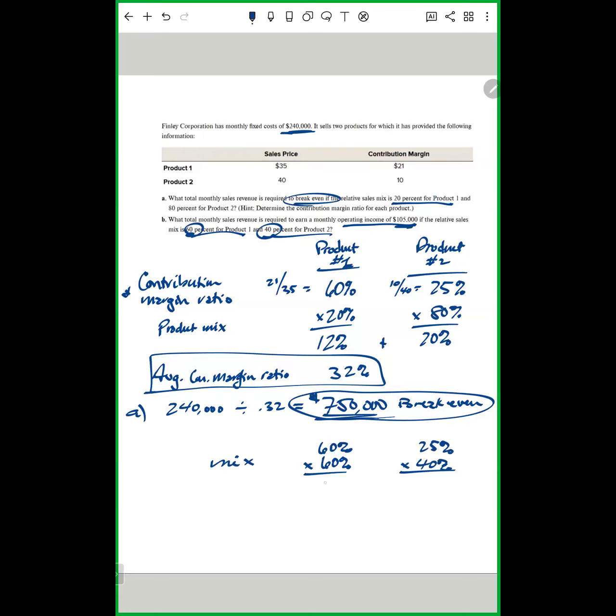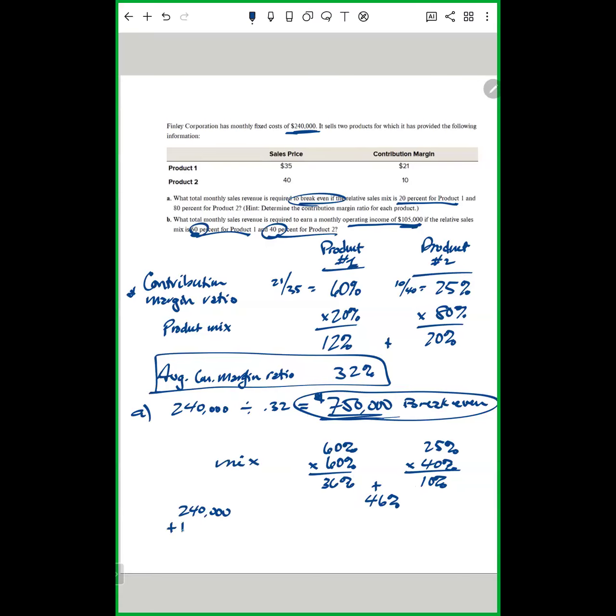So 0.6 times 0.6 is 36%. And 25% of 40 is 10%. All right, and when we add those together, we get 46%. So now, instead of the 240,000 that we need to cover our fixed cost, now we want a profit.